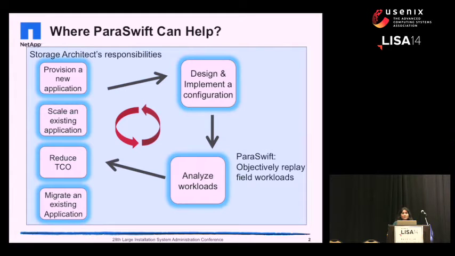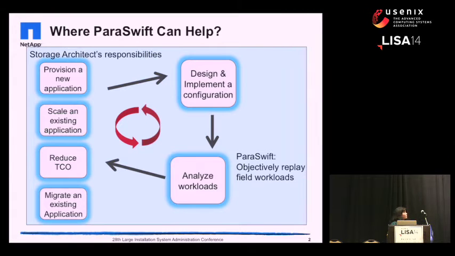Even at NetApp, when we say this storage server is going to be shipped for home directory workloads or backup workloads, we look at some kind of benchmarks, or some kind of user inputs, to see how a home directory workload looks, or how a typical backup workload would look. But this is just a specification. There is nothing real out there. In reality, when customers use our storage system for home directories or for backup, the workloads are very different. And that's when the problem starts, when the expectations in terms of performance do not match what has been delivered.